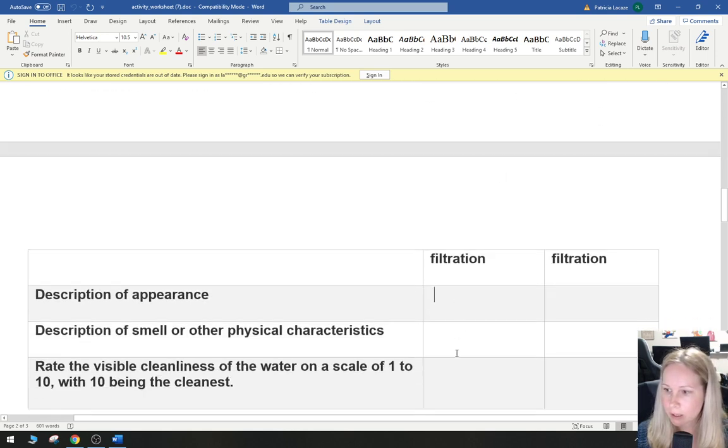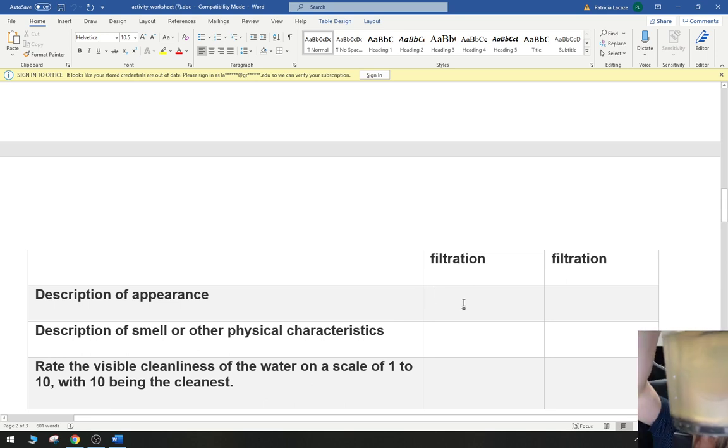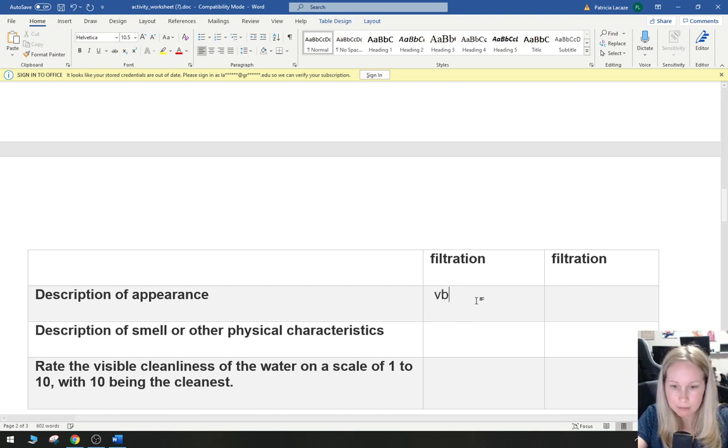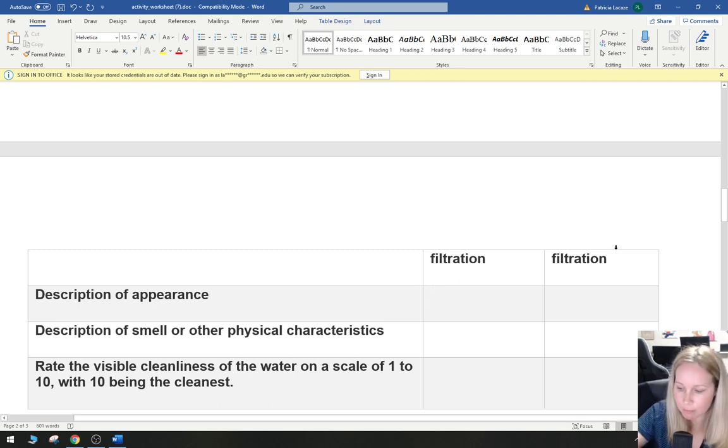So before, how does this stuff look to you? Let's use some good descriptive words. Brown. Remember, you can do this with me now. You don't have to build one yourself, but if you want to, go ahead. It's fun.